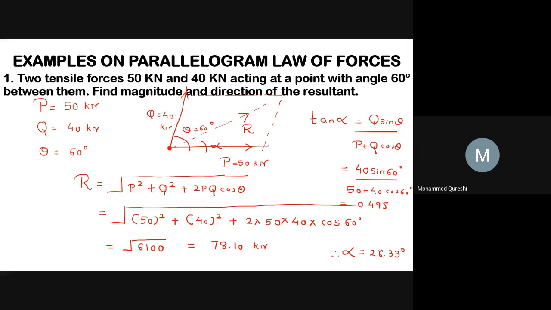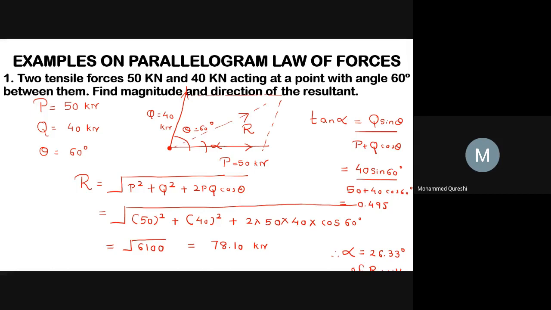This alpha is the angle the resultant makes with P force. Hence, alpha will be 26.33 degree. So now our example is complete.